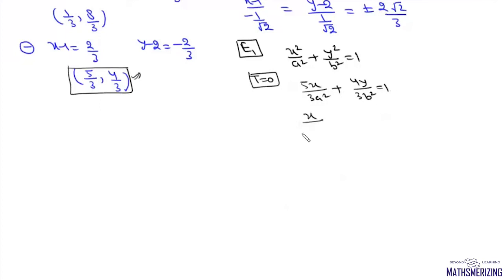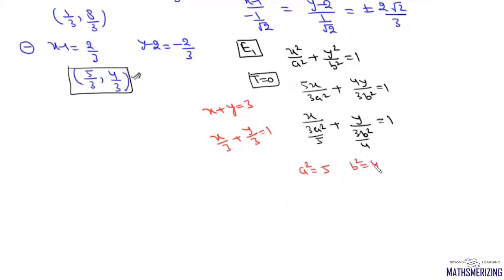And we can also write this as x upon (3a squared by 5) plus y upon (3b squared by 4) equals 1. And in the question it is already given that the equation of tangent is x plus y equals 3, which we can also write as x upon 3 plus y upon 3 equals 1. So we'll compare, we'll get a squared is 5 and b squared is 4.